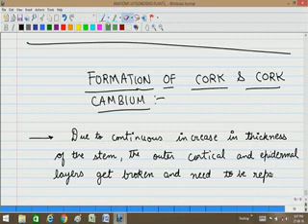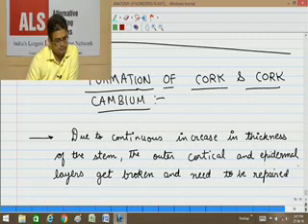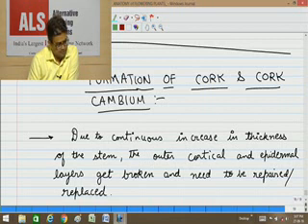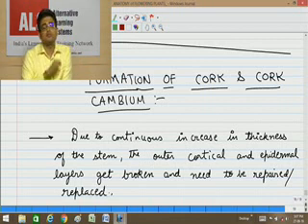If you do not repair it, it will be broken and pathogens will attack. So how do we repair it?